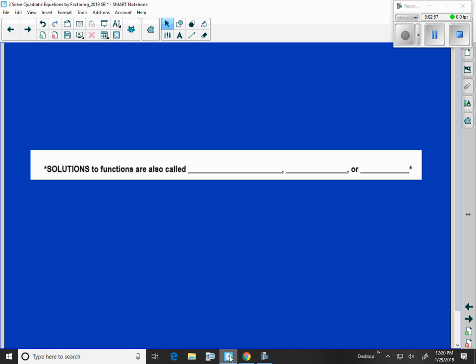Where we cross the x-axis, what do we normally call those? X-intercepts. We were working with those yesterday. Does anybody know another word? There's a bunch of words for this. Domain is how we write all of the possible x values, but we want specifically the ones that touch the x-axis.